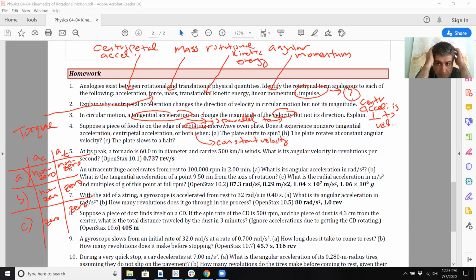So that's the way we can kind of think about it. But remember, the key thing is that when you have centripetal acceleration, it's still going to be a non-zero value, even at a constant angular velocity because the direction is changing. Okay, so those are some conceptual questions.